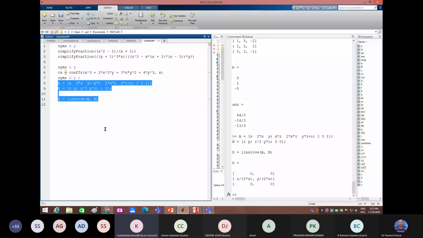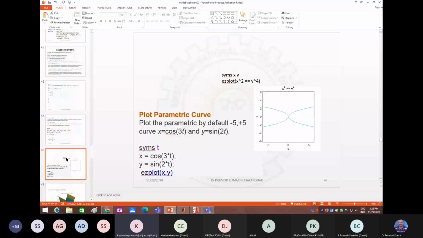Another interesting point which I wish to discuss with you is the symbolic graph plot. Two equations, x square is equal to y4. We want to plot this within a certain range. By default, it is -5 to 5.